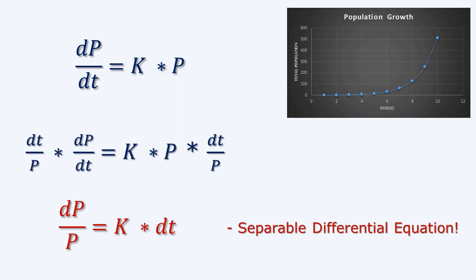The final equation that we are left with is what is known in calculus as a separable differential equation, which is dP over P equals k times dt, meaning that on the left hand side we have our variable P, and on the right hand side we have our variable time, and therefore we can solve these separately.